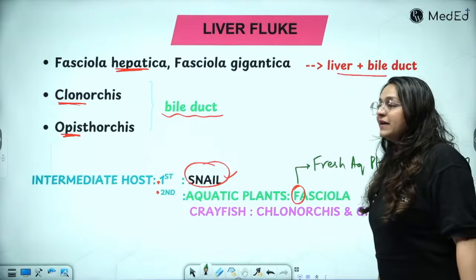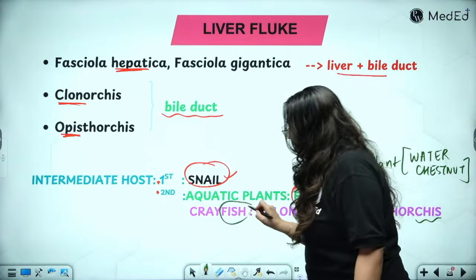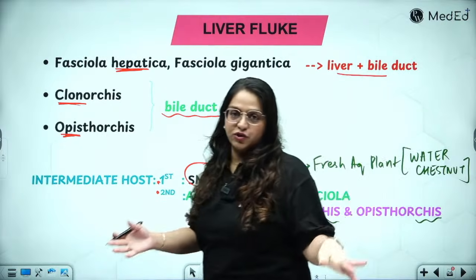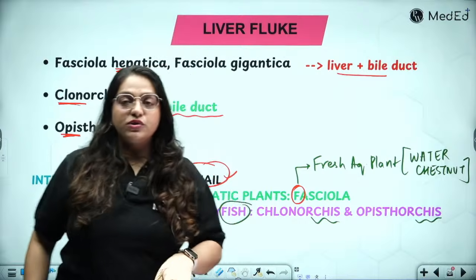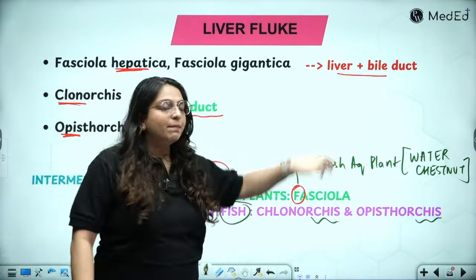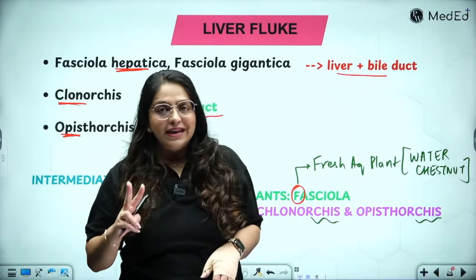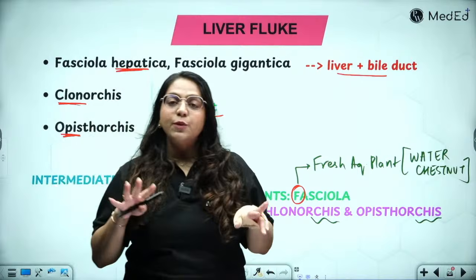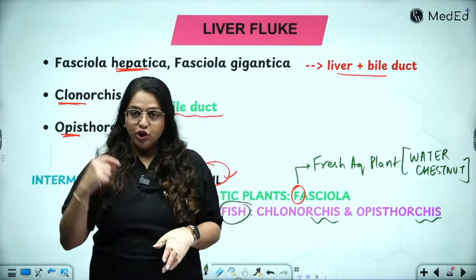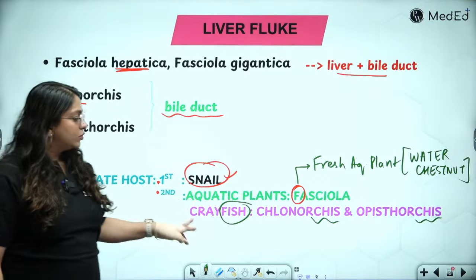Right? If it has the sound of kiss, it is going to be caused by fish. So, Clonorchis, Opisthorchis, second intermediate host is fish. So, Fasciola hepatica: definitive host human, first intermediate host snail, second intermediate host fresh aquatic plant. Clonorchis, Opisthorchis: definitive host human, first intermediate host snail, and second intermediate host is the fish.